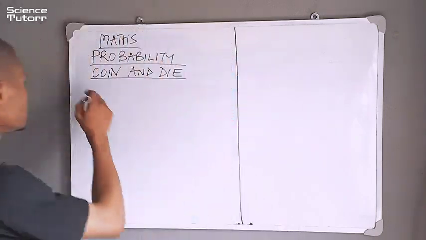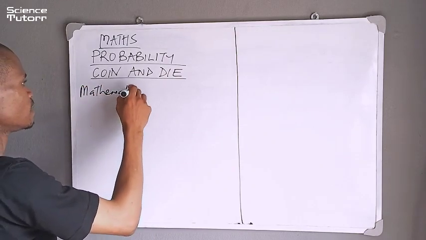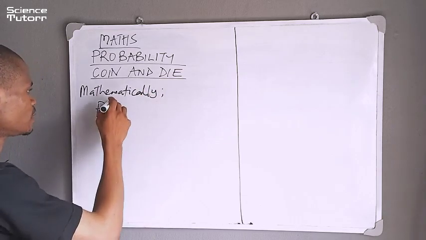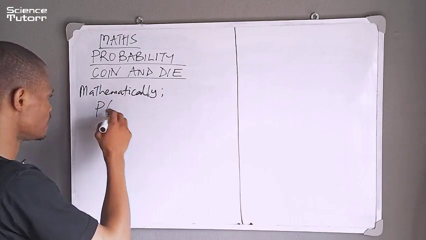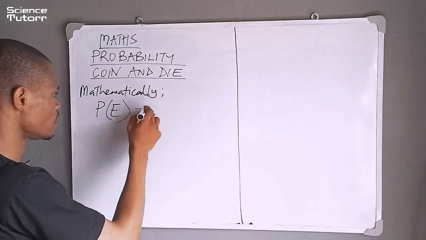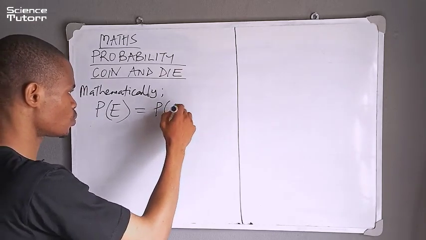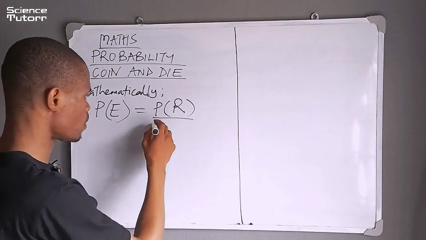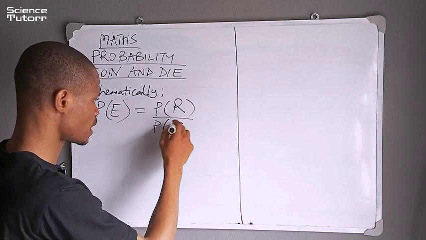And mathematically, probability can be written in this form. Let's say the probability of an event occurring is equal to the probability of the required outcome, all over the probability of the possible outcome, which is the sample space.